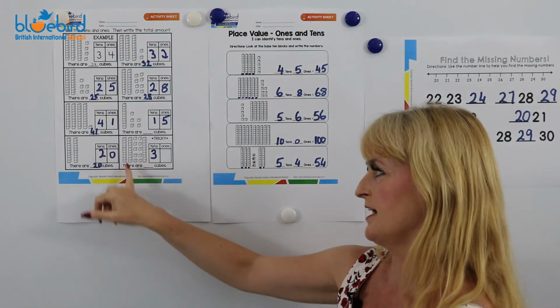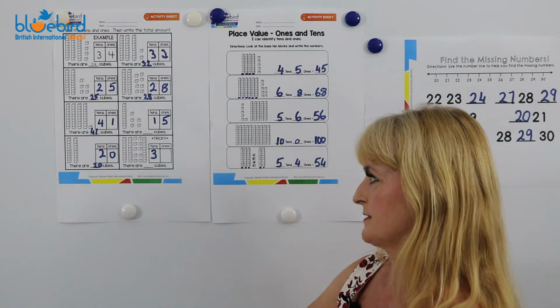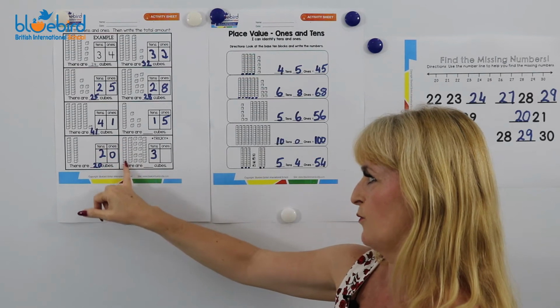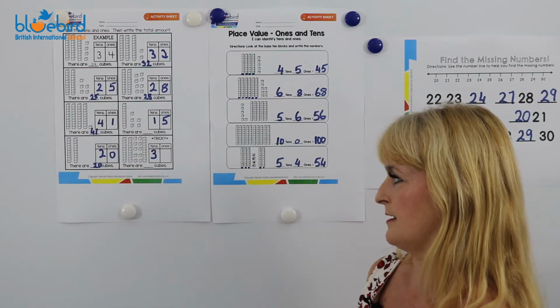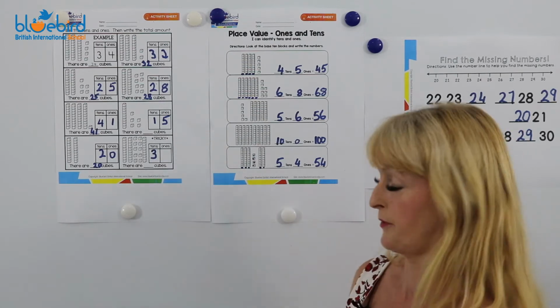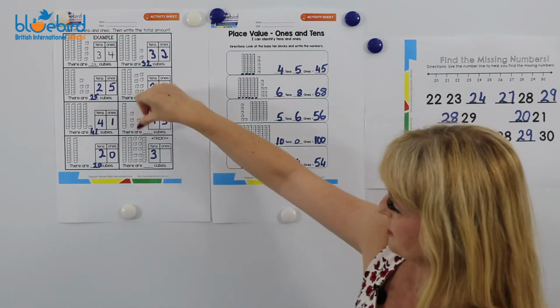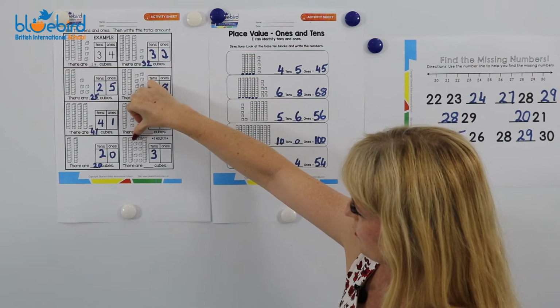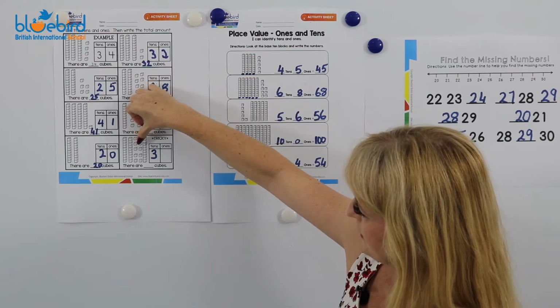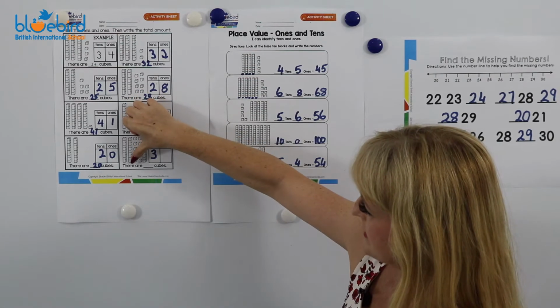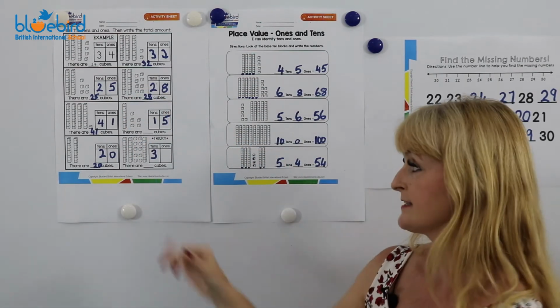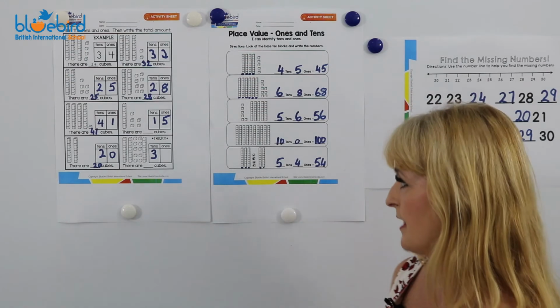Okay, so we have a tricky one this time. We would normally count 1 10 block, 2 10 blocks, 3 10 blocks. So I would normally write number 3 in the box. But now I'm going to count my 1 blocks. 1, 2, 3, 4, 5, 6, 7, 8, 9, 10. So there are still 10 blocks.